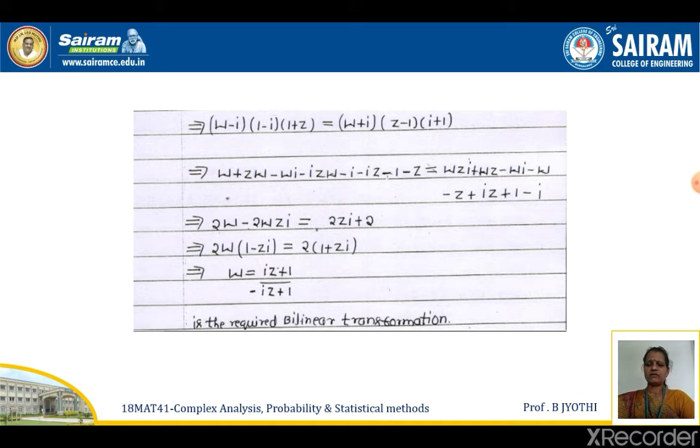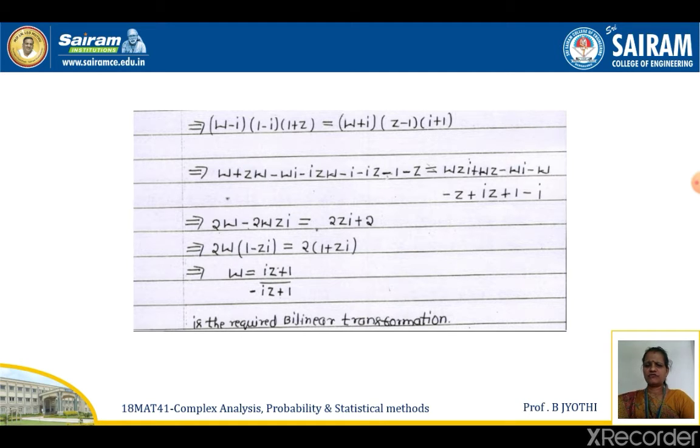So on cross multiplication, we get (W minus i)(1 minus i)(1 plus Z) equals (W plus i)(Z minus 1)(i plus 1). So here is the multiplication in the left hand side as well as in the right hand side.